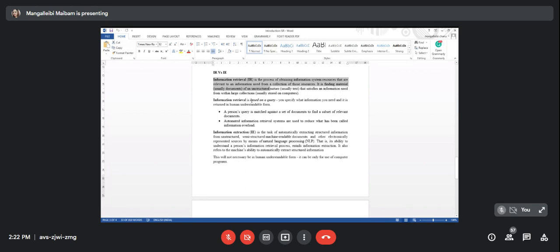It can be based on a query, a person's query matching against a set of documents, or automated information retrieval systems can be used. Otherwise, we can give a query which is matched against a set of documents to find our relevant document.